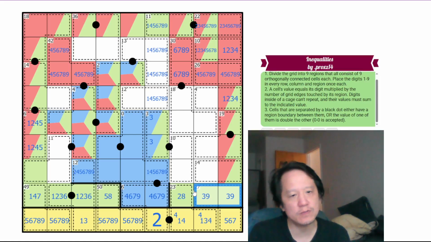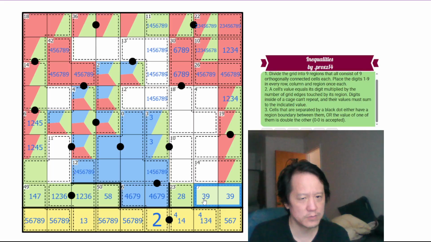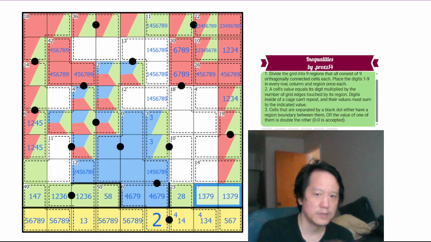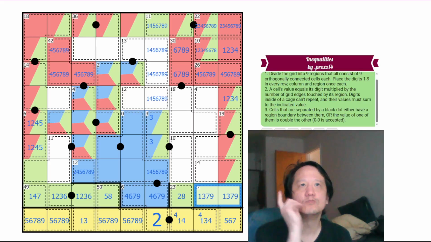So if this were 3 and 6, this would have to be 4 and 9. So we know 1 out of 1 or 7 would be here. And then that's a 1 mod 3.